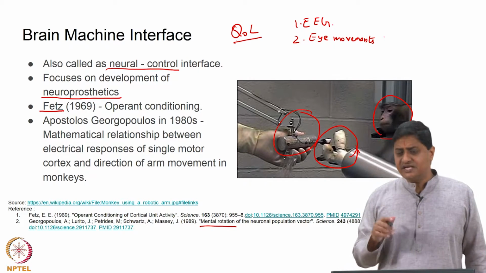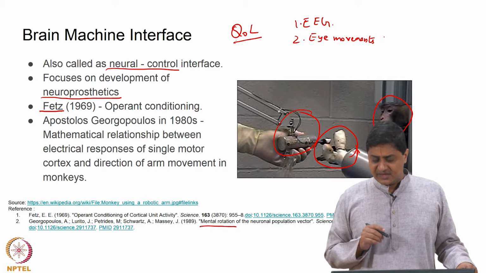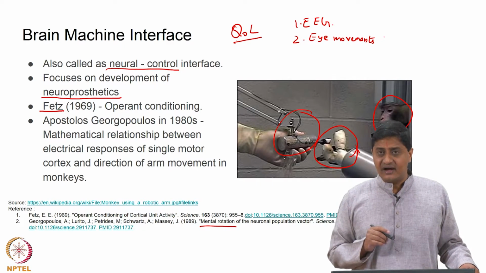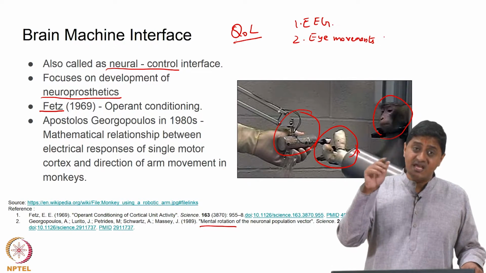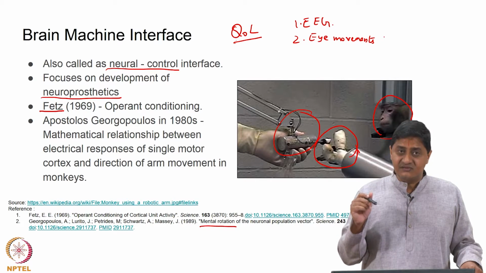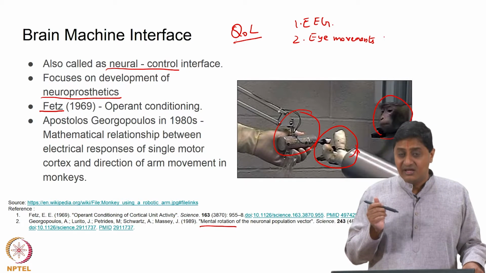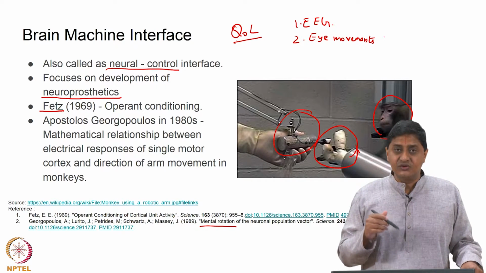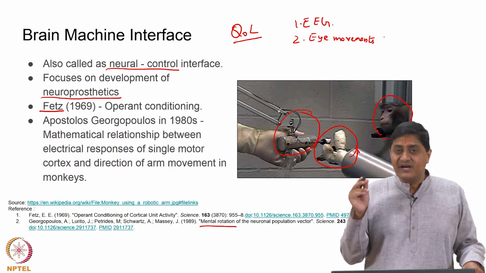For example, EEG, if you see, is the activity that is recorded at the scalp level, right. There are about 6 layers from where the recording is made to where the actual activity is originating. The neural activity is originating in the brain, but the recording is made at the scalp.